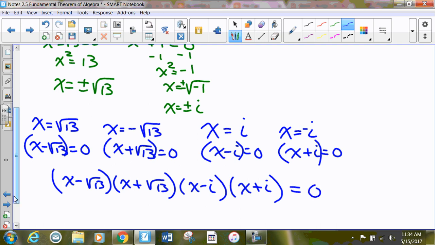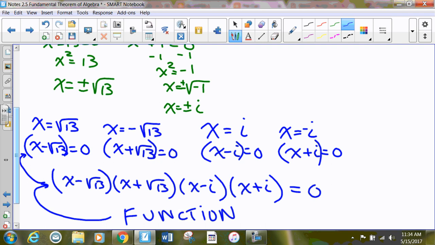I'm going to erase that in just a second because that's not part of my answer. But think about it, we're going backwards. Usually we start with a function, then our next line would be factoring the function and setting it equal to 0. Then our next line would be setting each of the factors equal to 0. And then our next line would be solving for x.